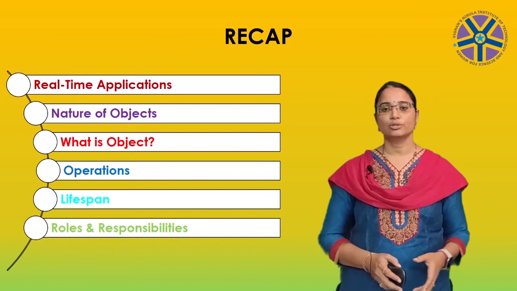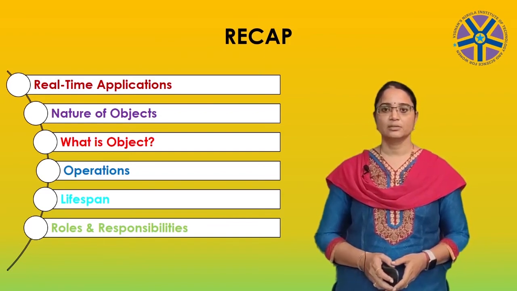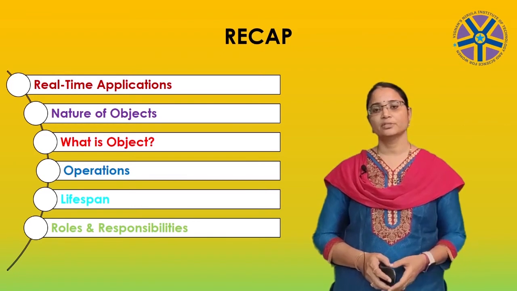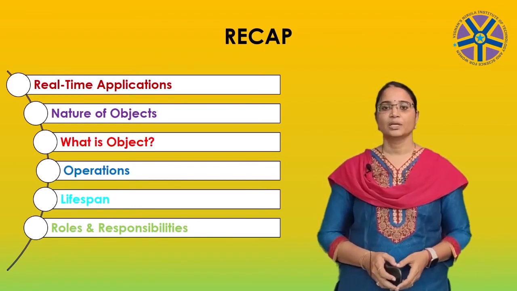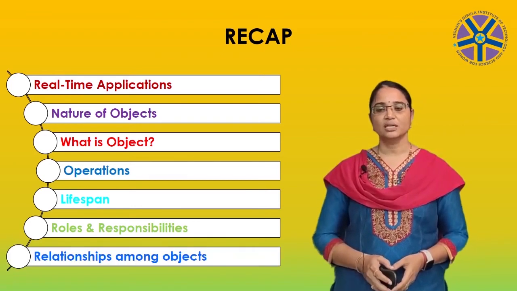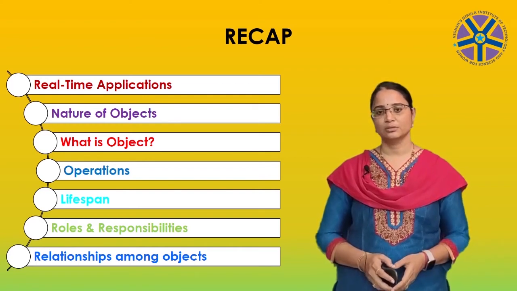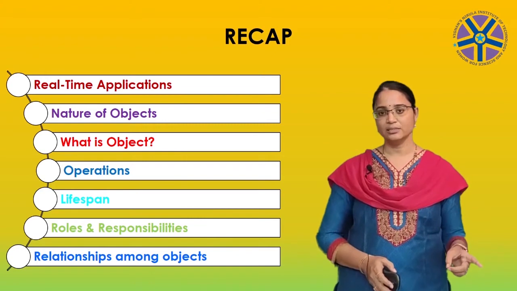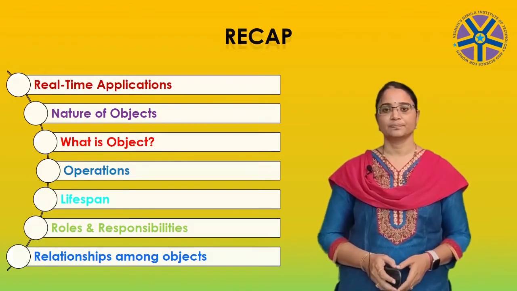Next, we have gone through the roles and responsibilities. Role is nothing but a mask, and the responsibilities of a person who plays the role. And next, we have seen the relationships among the objects. We have seen 2 types of relationships. First one is links and second one is aggregation.